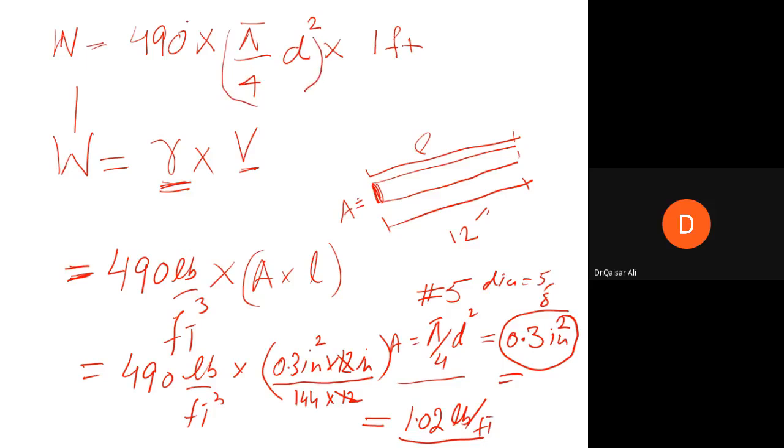This is pound per cubic foot. Let's say d is in feet. No, let's say if we take d in inches, then we will divide this by 144.